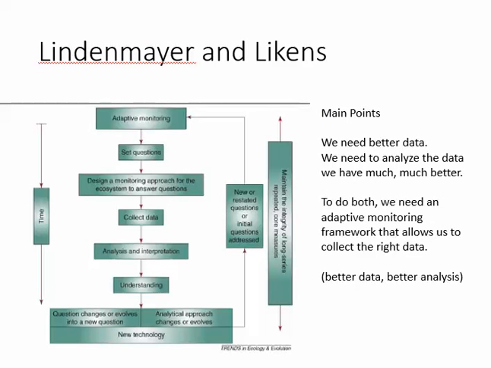Lindenmayer and Likens proposed a sort of a decision tree to think about adaptive monitoring. Again, their points: we need better data, we need to analyze the data better. So in terms of that triumvirate of better data, better analysis, better decision making, they also focus on the better data and better analysis. And this is a figure from that paper that you can see.